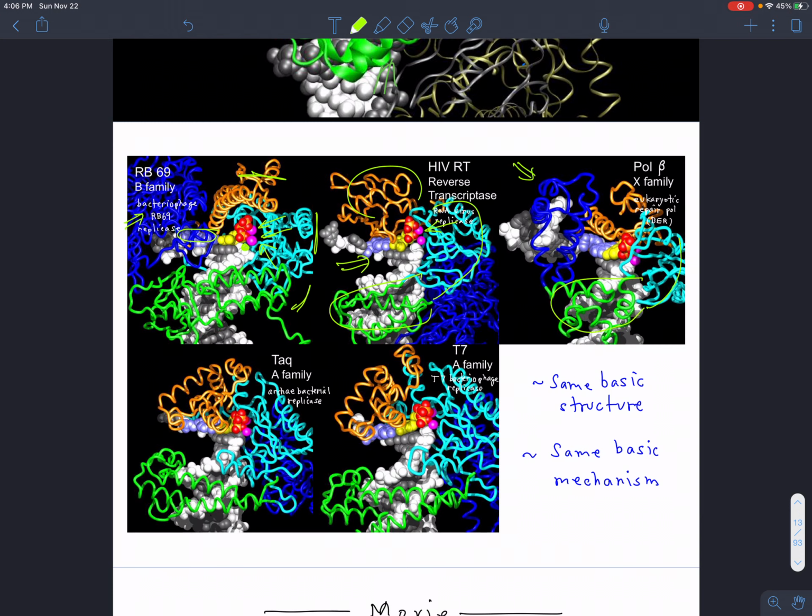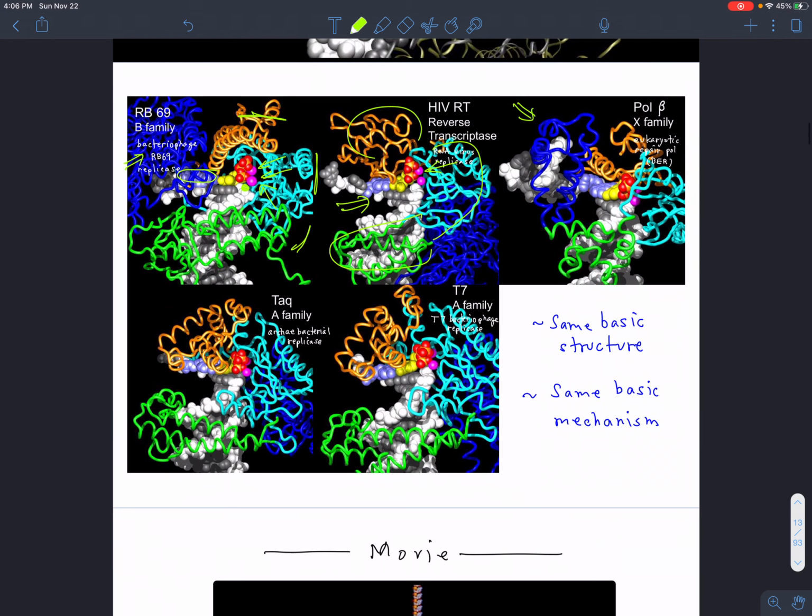There's the thumb, there's the palm, there's the fingers. It works the same way. It's simpler. Its fidelity is low because it doesn't need to be high for a repair enzyme. It only works on a few bases at a time, and mistakes aren't so important for this one. Speed and other things are more important. But you can see the same structure.